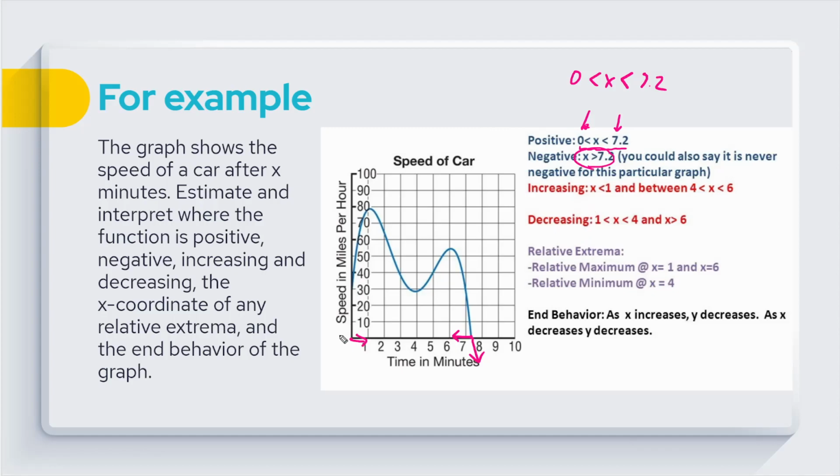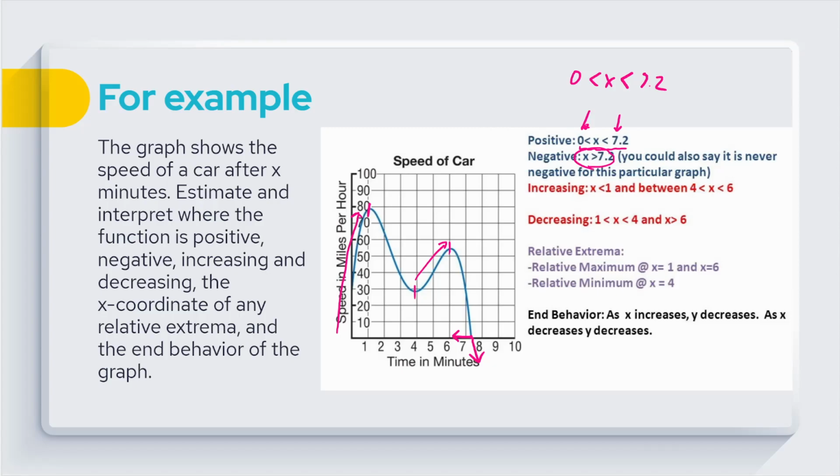Where is it increasing? Well, it's increasing from here to here, and then from here to here, right? It's increasing like that. So it's increasing where it's less than 1. I should delete some of these things.